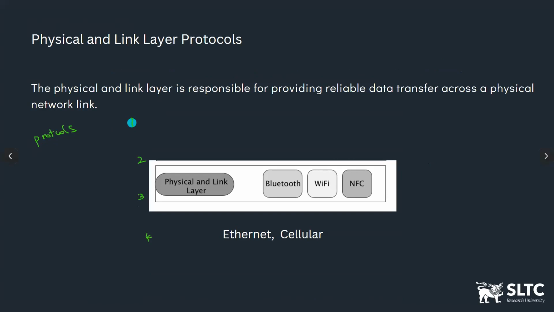Let's talk about the different types of protocols that are available in the physical and link layer. These protocols help us provide reliable data transfer across the physical network link. We have several examples: Bluetooth, Wi-Fi, Ethernet, cellular, NFC, and so on.